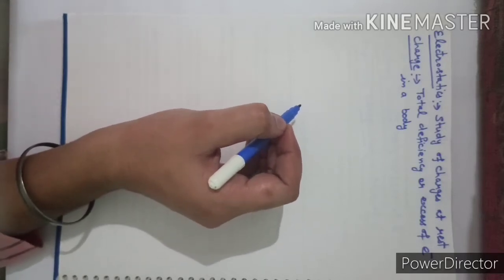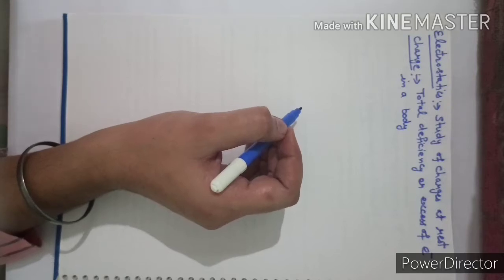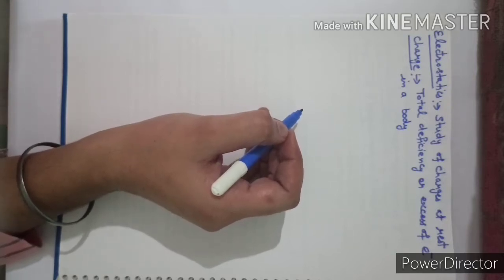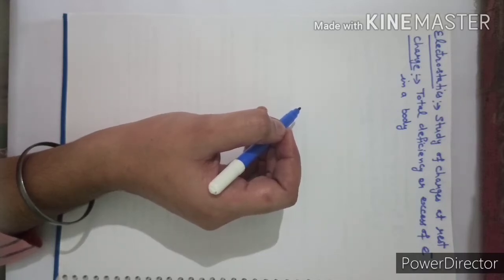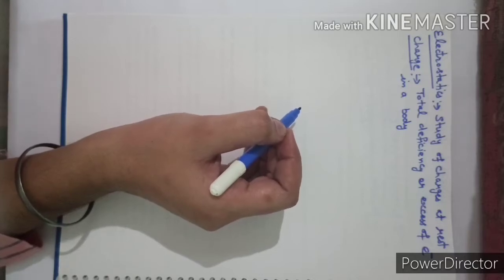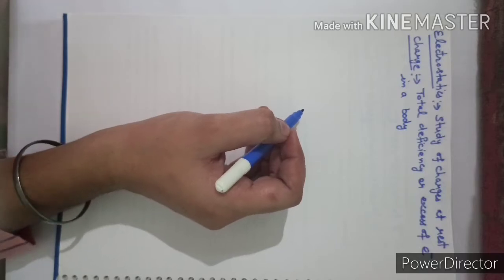Suppose we have two bodies. When we rub two bodies with each other, then there are two conditions: either there is an excess of electrons or there is a loss of electrons. So according to loss or gain of electrons, a body becomes positively or negatively charged.